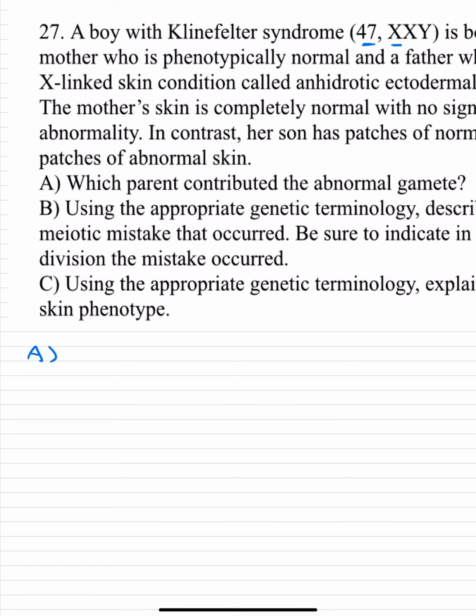So for A, we know that the mother is normal, and we know that the father is normal. Or before I go into this, let's say that the X chromosome that has the condition is XC. And that results in the skin condition. Here we have 2 parents.